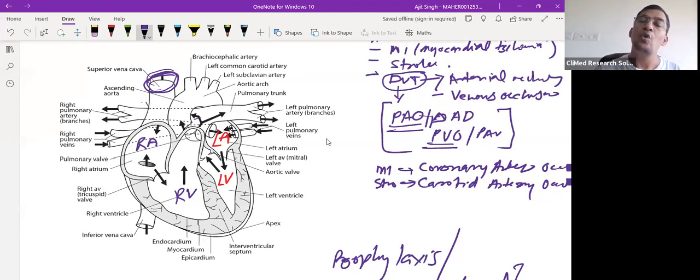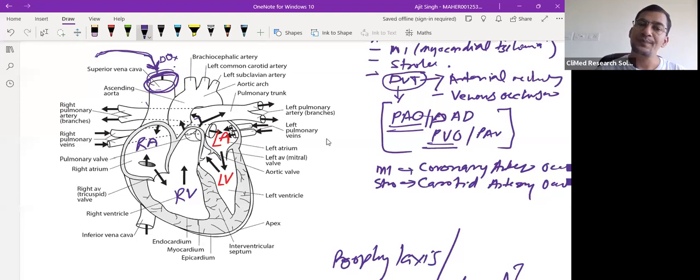Why are we calling it the vena cava, or the venous system? Because this contains the deoxygenated blood. These collect the deoxygenated blood from all the systems of the body, from all the tissues, from all the cells, and aggregate it and bring it to the heart. That's why I'm denoting it in blue.